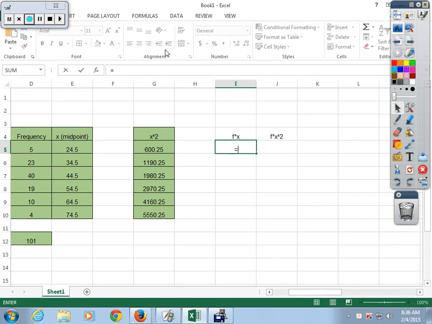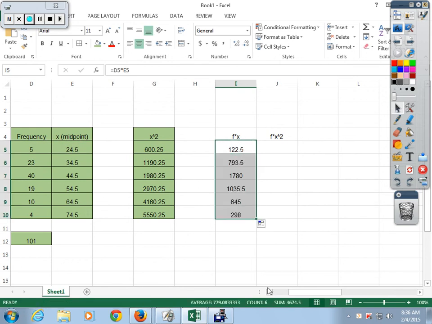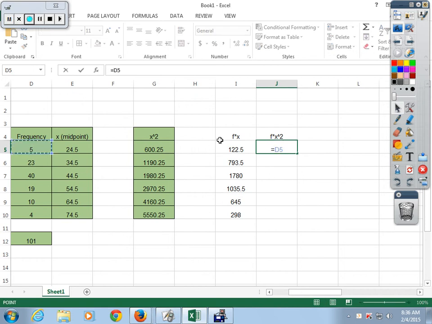And here's where you got to be careful and pick the right column, because sometimes you mess up. Alright, so equals f times x and copy that down, and f times x squared and copy that down.